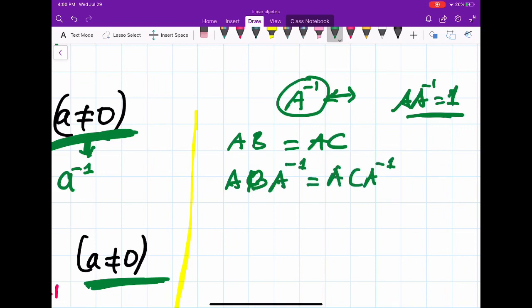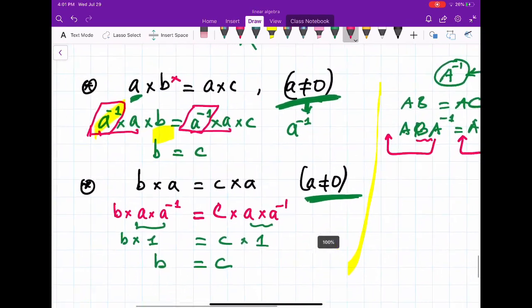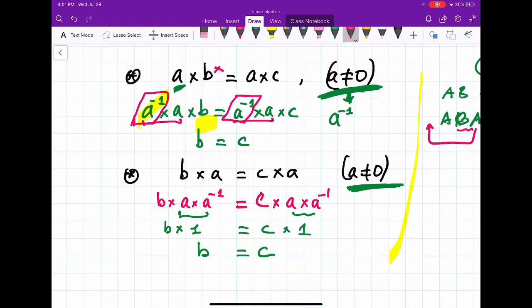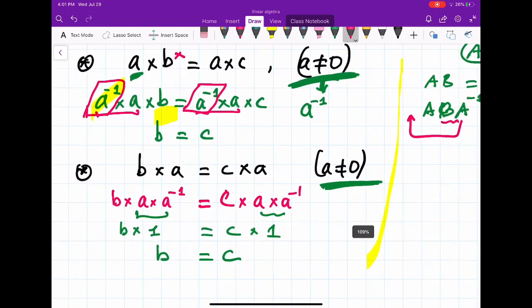Because matrix multiplication is not commutative. You cannot just take this to this position. So for matrices, we have to pay attention to the side, from the left or from the right. Don't forget that.